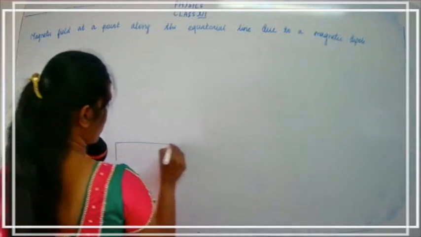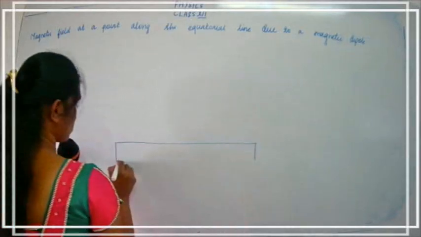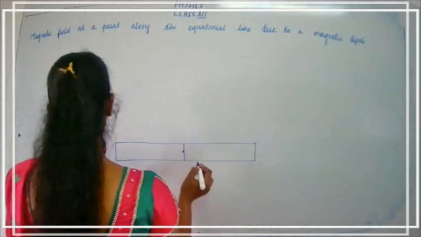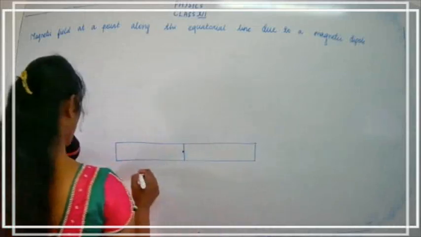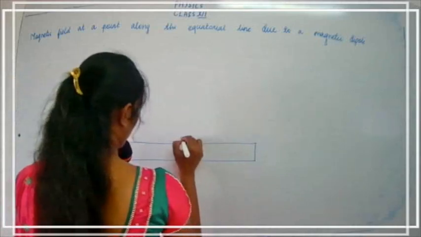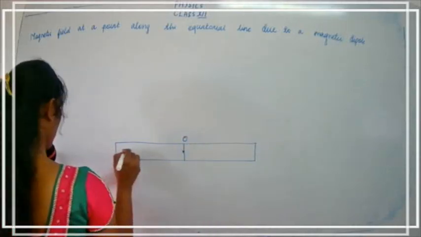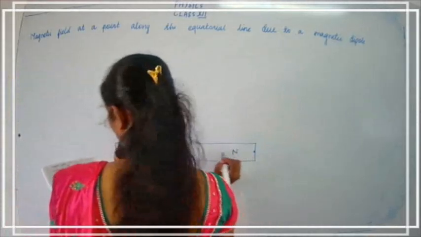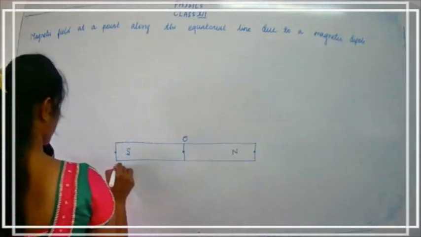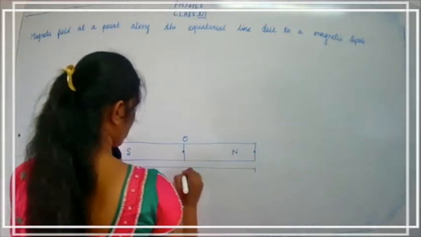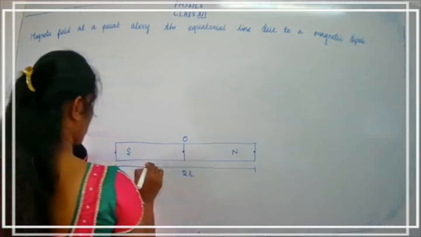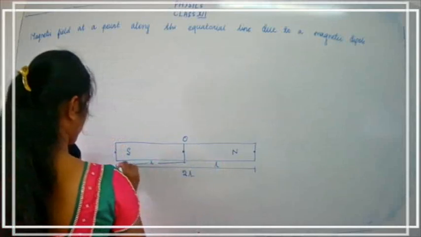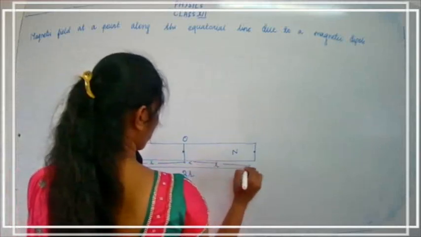This is the center, the geometric center O. Here it is the south pole, and this is the north pole, and the distance between both is 2L. This is L, this is L.